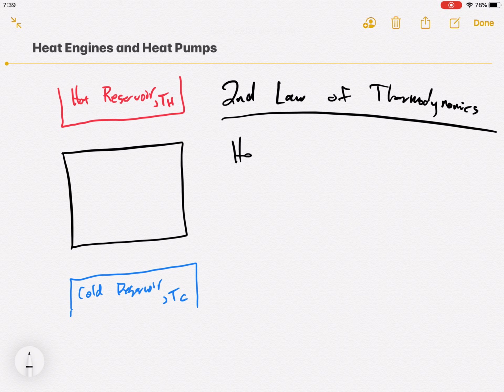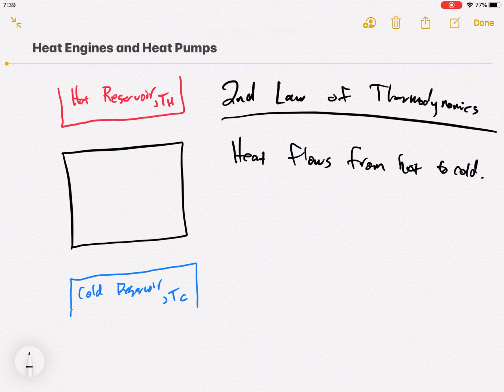Heat flows from hot to cold. That seems obvious. And you can build this up statistically. You can put two systems next to each other and argue why heat should travel from hot to cold, or most likely travel from hot to cold.